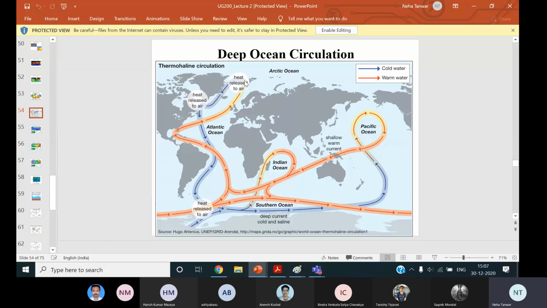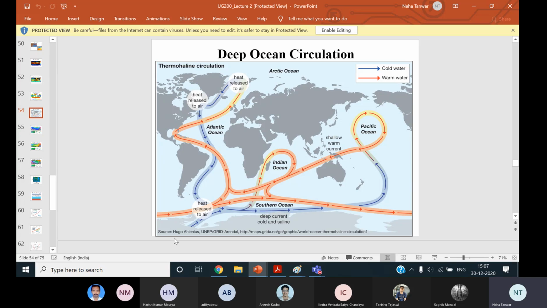So the water is going to sink in the ocean. Do remember that the sinking is not taking place everywhere. This is called deep water formation, and it is taking place in only 2 places: one here and the other in the Southern Ocean.